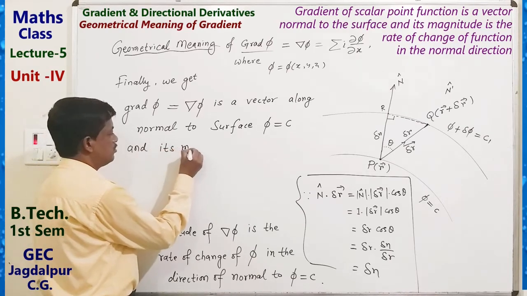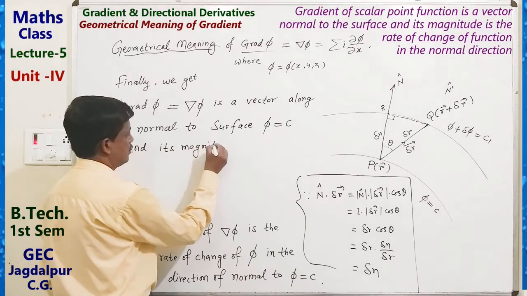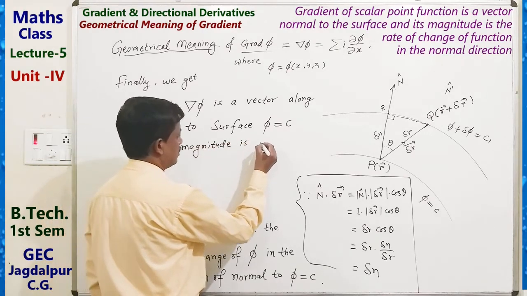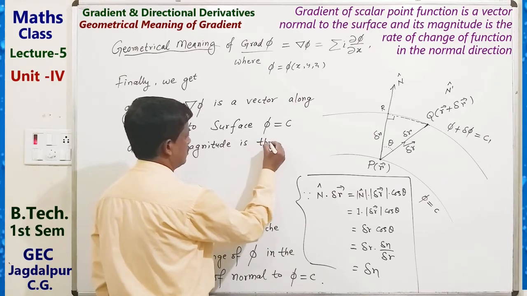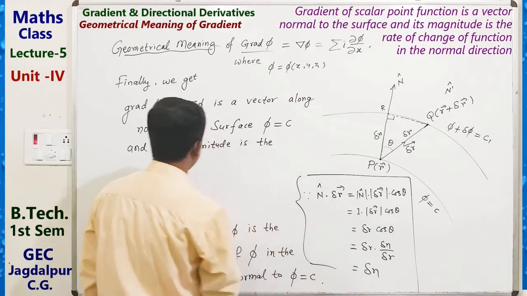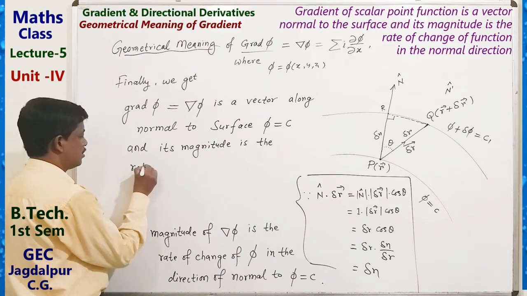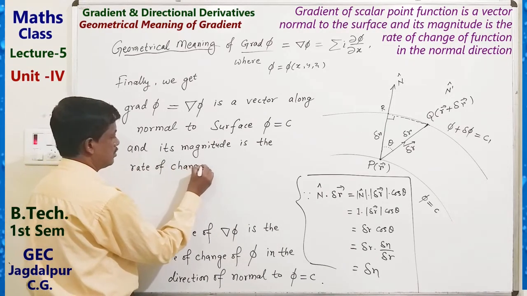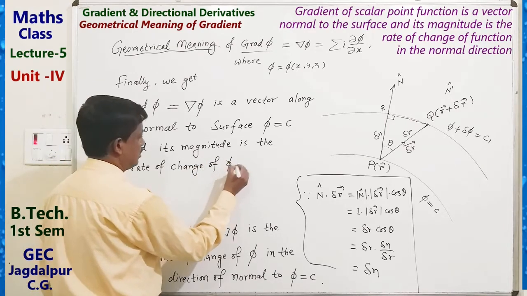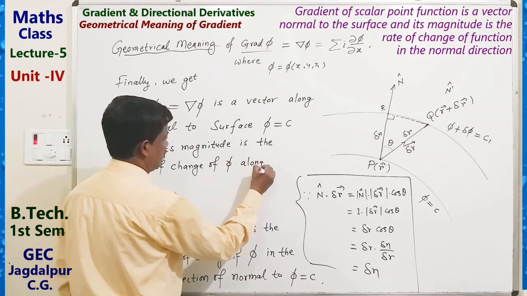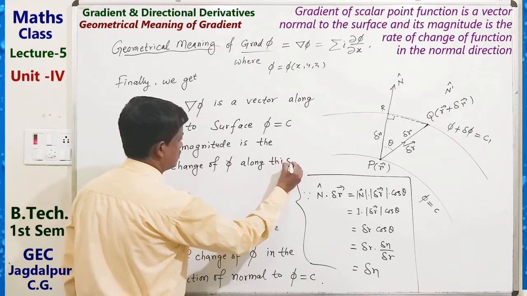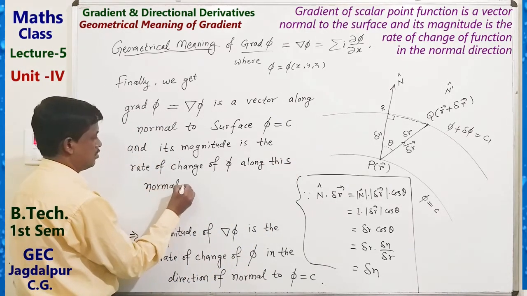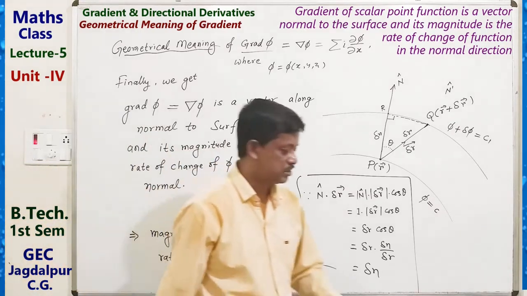its magnitude is the rate of change of phi along this normal. Rate of change of phi along this normal.